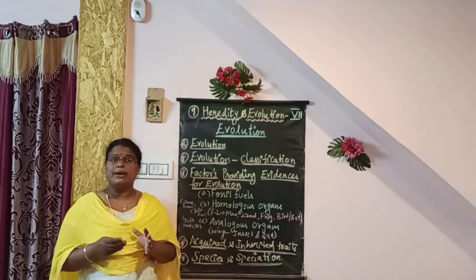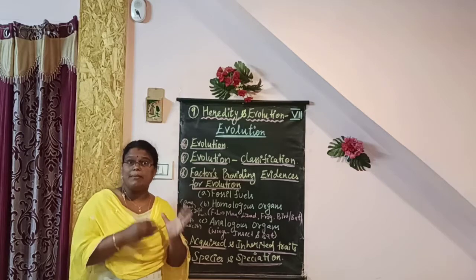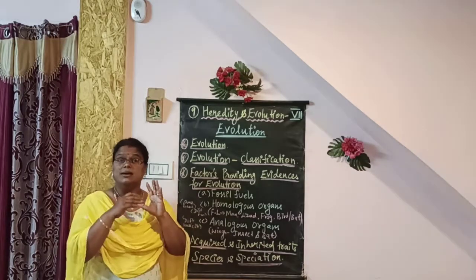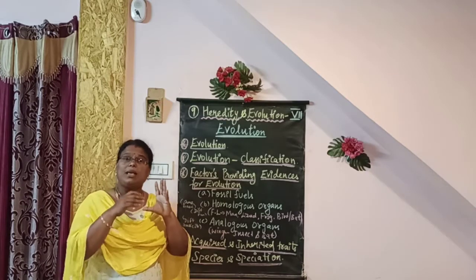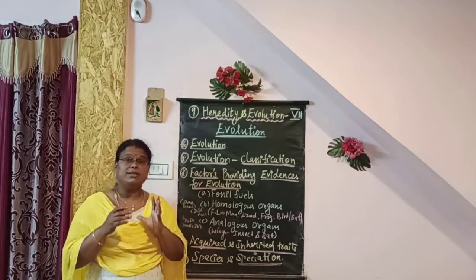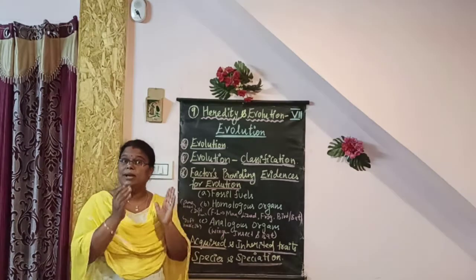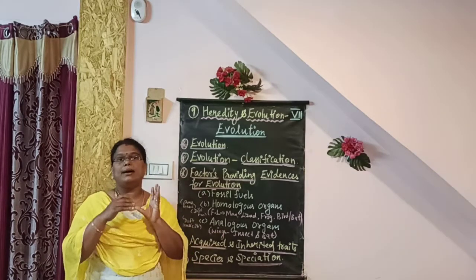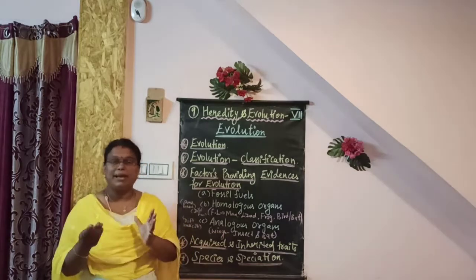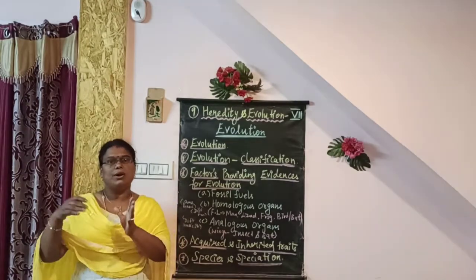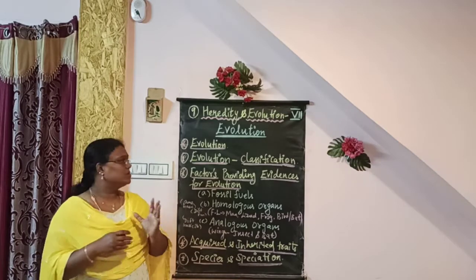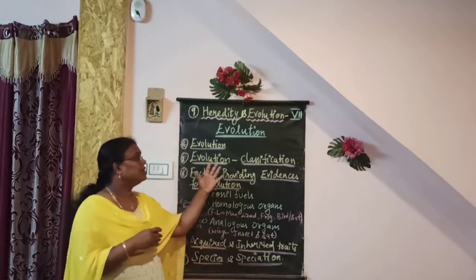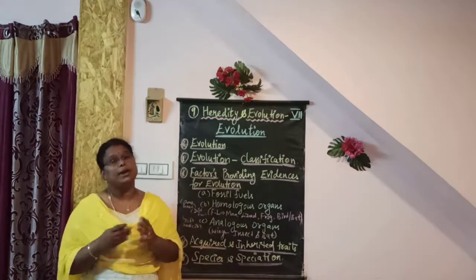Also, the organisms originated from the same ancestor will have most of the similar structures, and organisms having similar structures are grouped in one category, and other organisms having dissimilarities in the structures are kept under different categories. So this is how evolution and classification are interlinked.